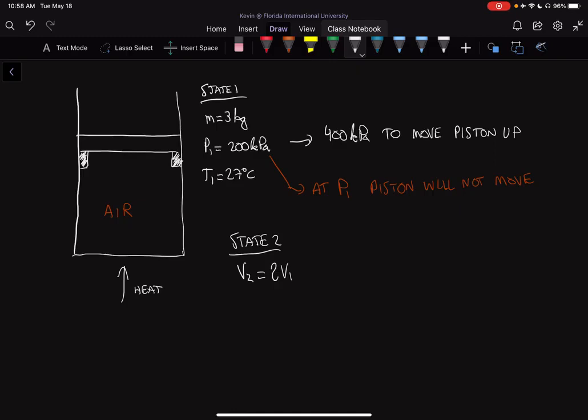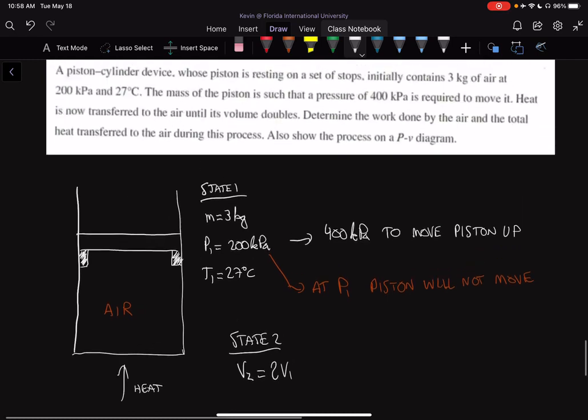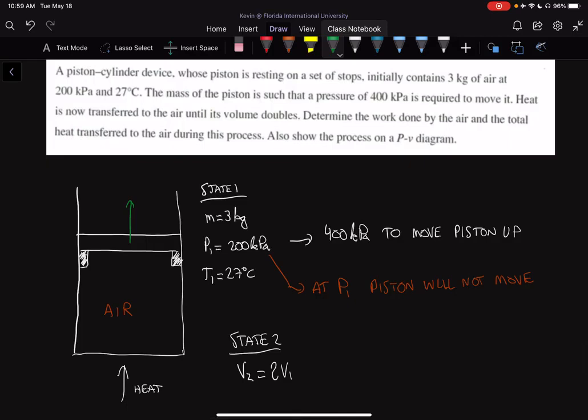Okay, so once it gets off the stops, we know that when the heat is transferred, the volume of the air doubles. So that means that the only way the volume of the air doubles is for our piston to move up.